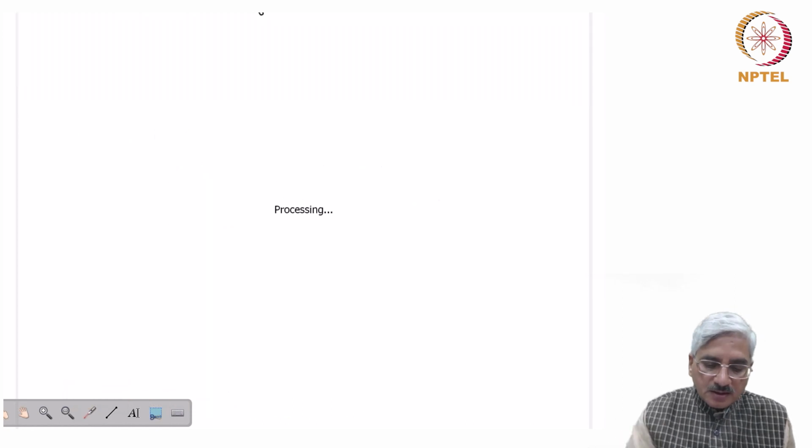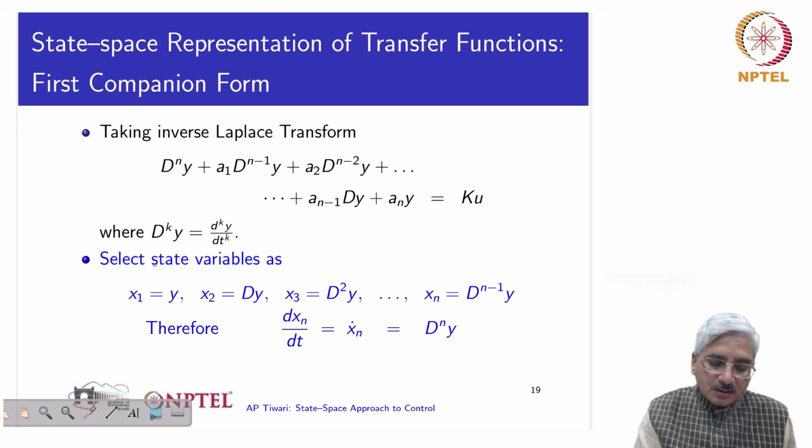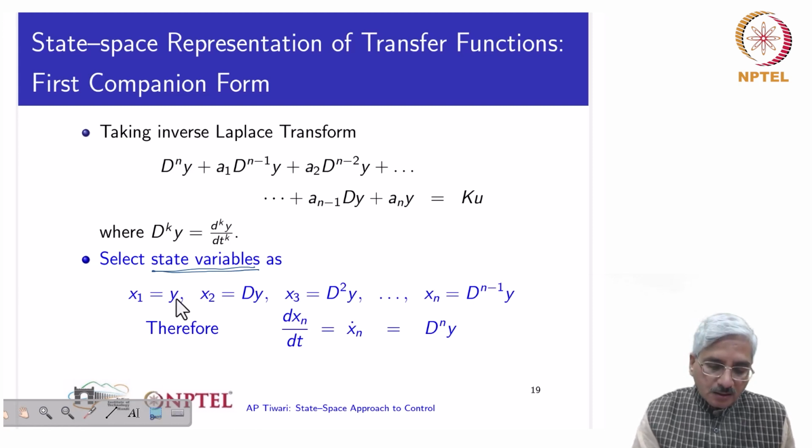Once we have done this, the next step is to select the state variables. In the companion form representation, the state variables are the output and its derivatives.